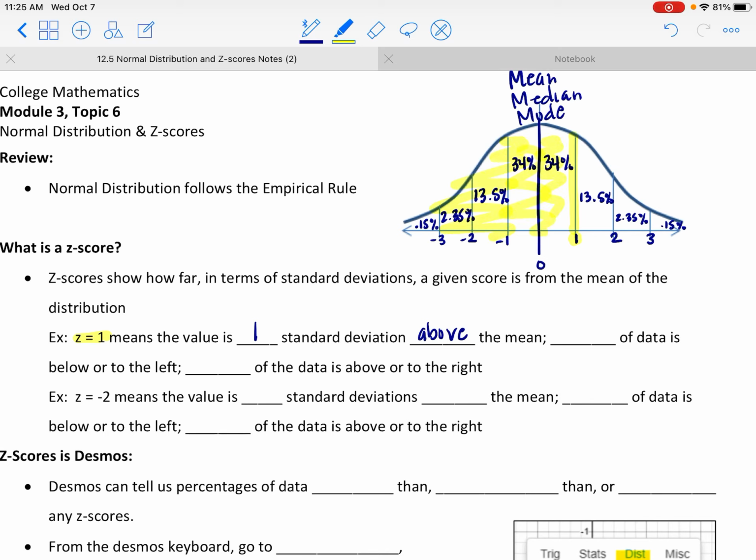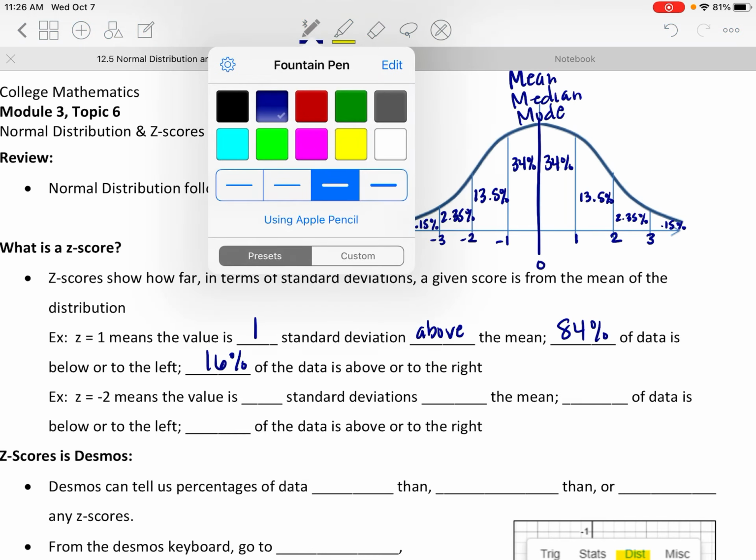That's 84% of the data that is below or left of that spot. So if we're 1 standard deviation above the mean, 84% of the data lies below or left of that spot, which means there's 16% above that spot.